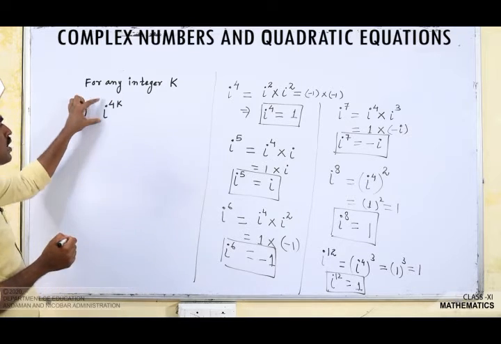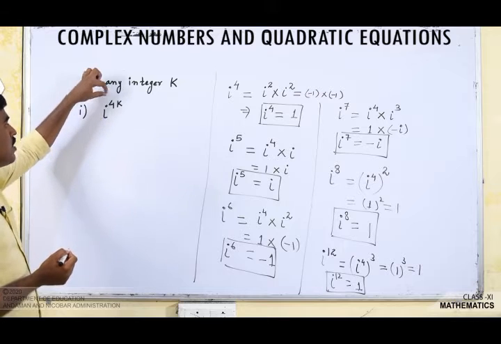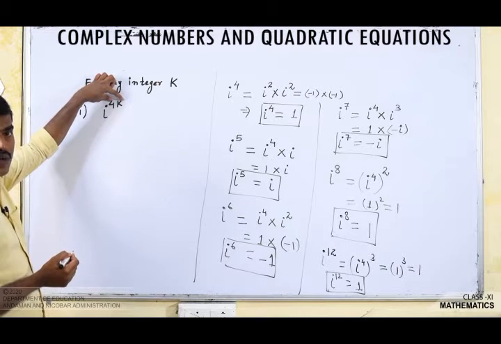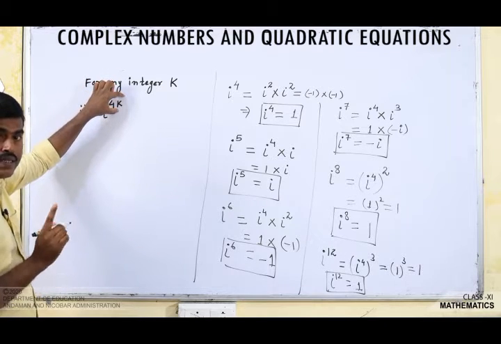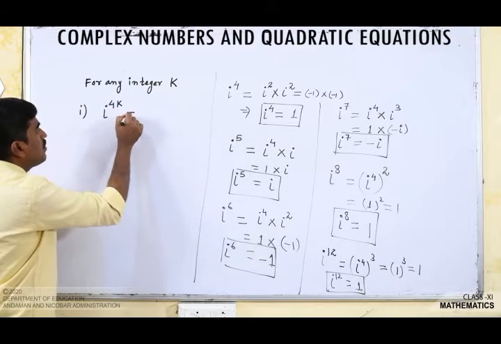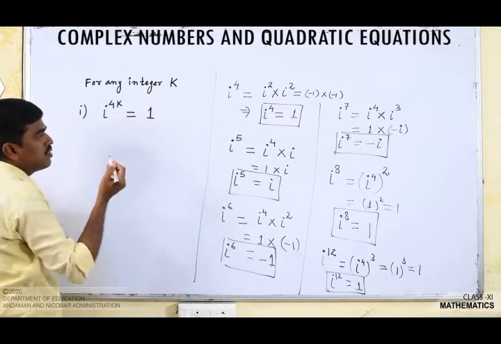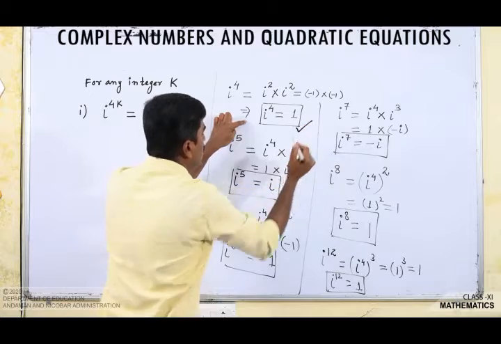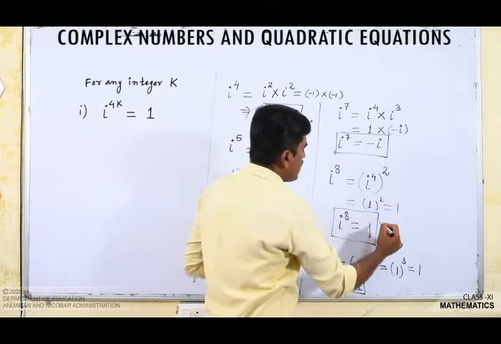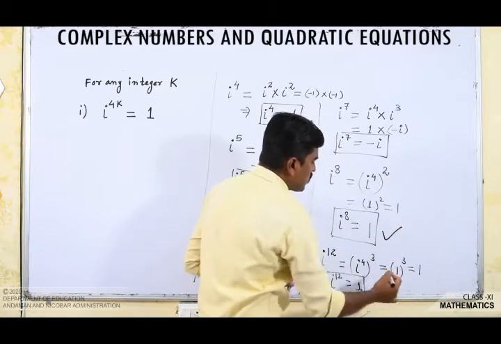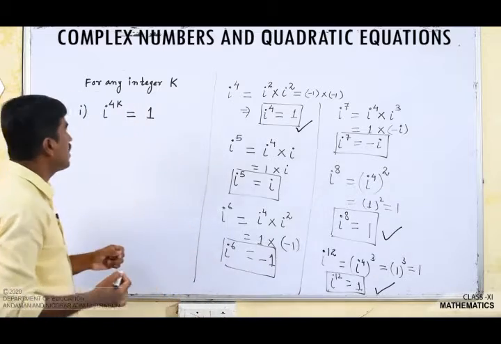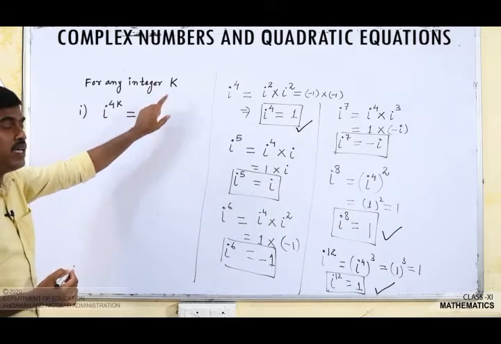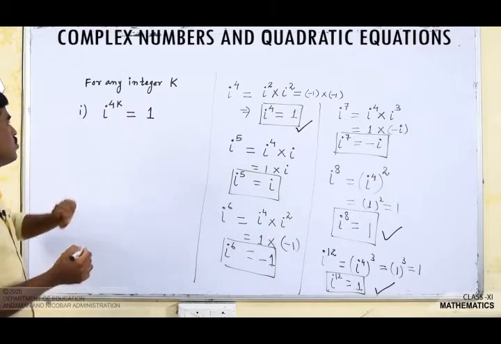I power 4k means the power of i is a multiple of 4, and this k may be any integer. So i power 4k is equal to 1. Here i power 4 is equal to 1, i power 8 is equal to 1, i power 12 is equal to 1. So from this we can generalize that for any integer k, i power 4k is equal to 1.